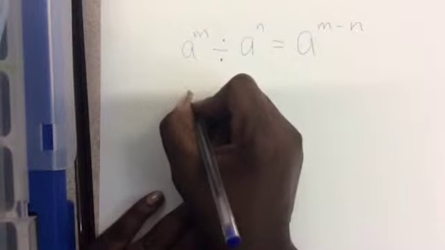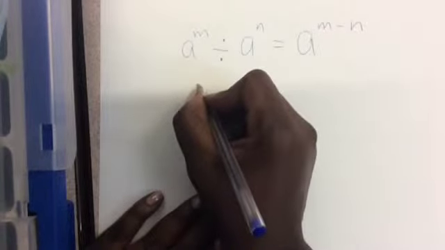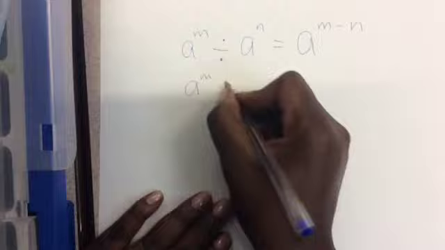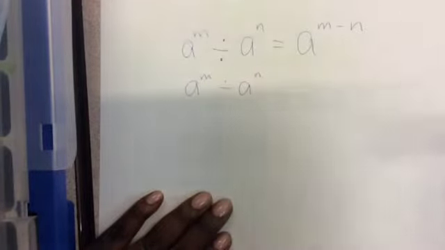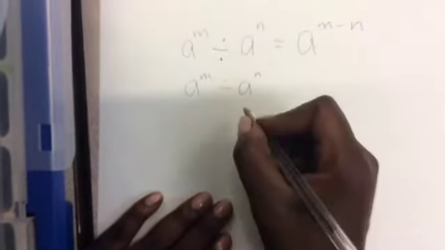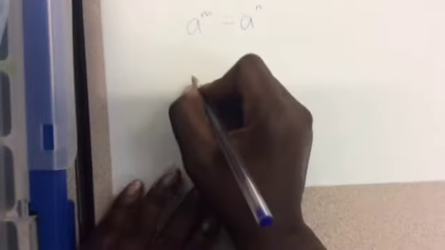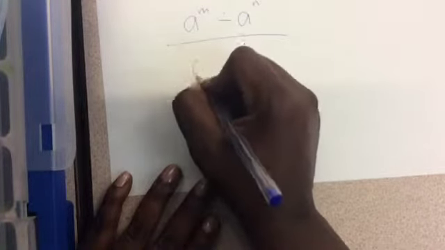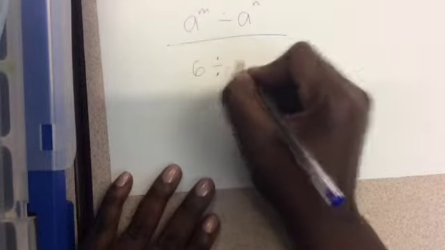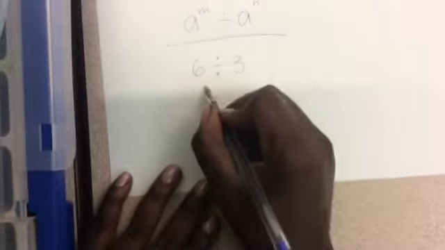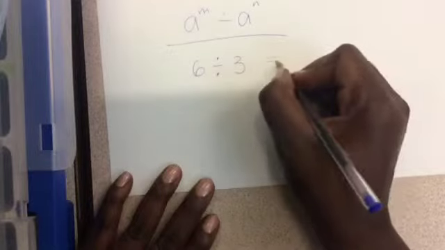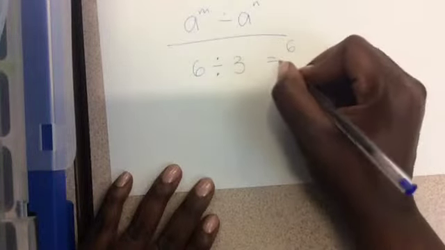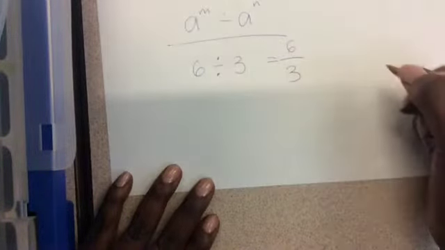Now, if I've got a to the power of m divided by a to the power of n, the first thing you need to know is that any number divided by any number, let me break away from here for a second and give you the example of 6 divided by 3. Anything divided by anything else, we can write it as top divided by bottom, okay?